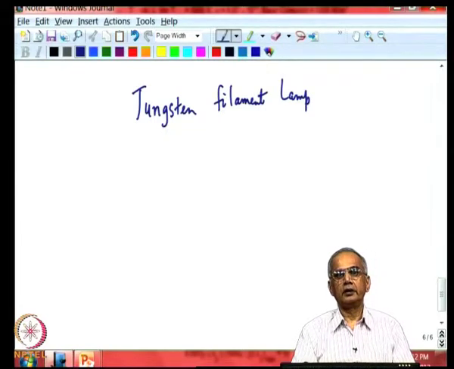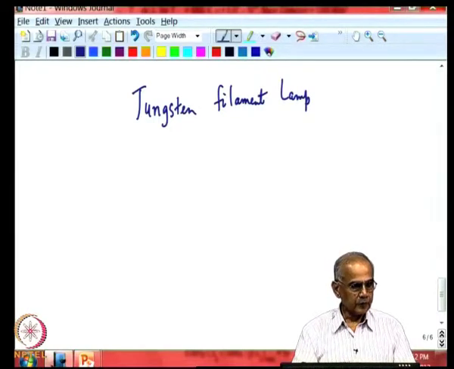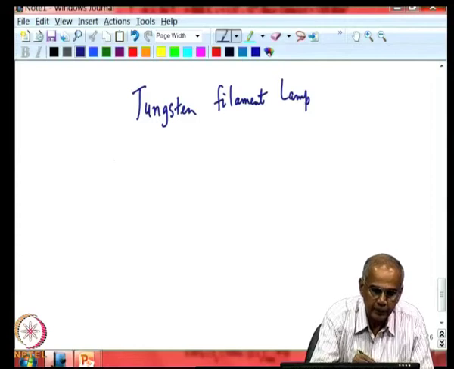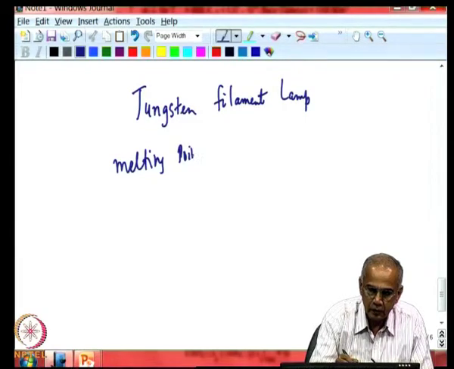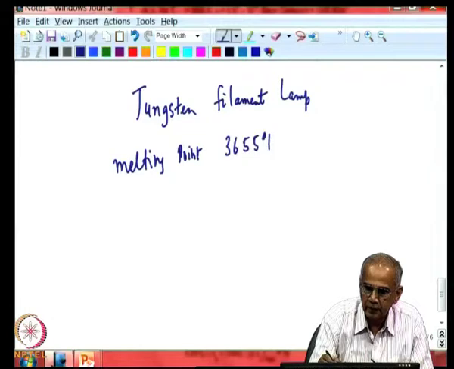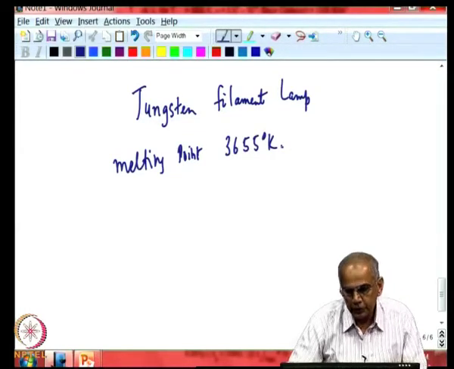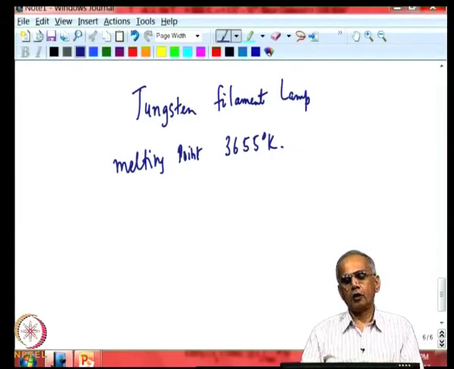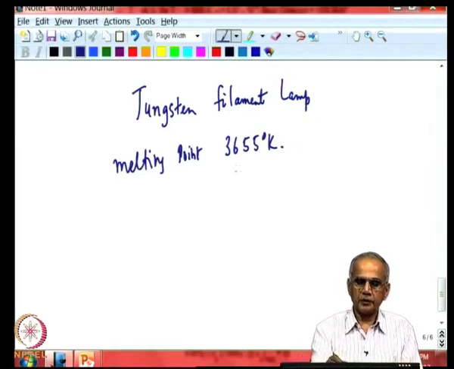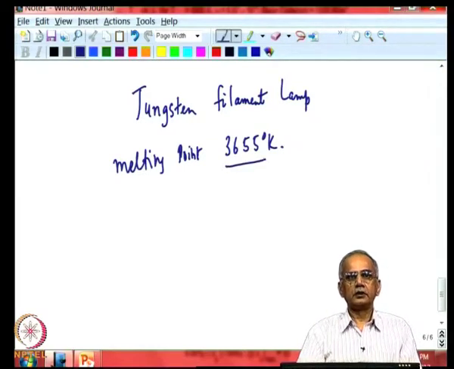and this is because tungsten is a material whose melting point is 3655 degrees Kelvin. So, when you use tungsten filament lamp, you have got to ensure your temperature is sufficiently below this, so tungsten does not evaporate and disappear.